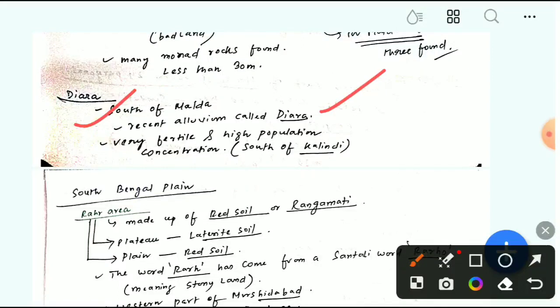Since it is very close to the Ganga, it is very fertile, and high population is concentrated south of Kalindi.